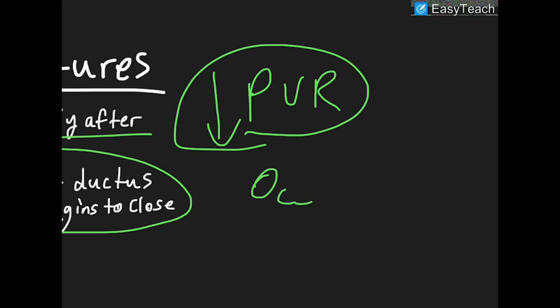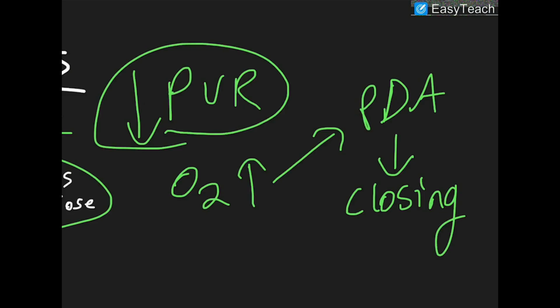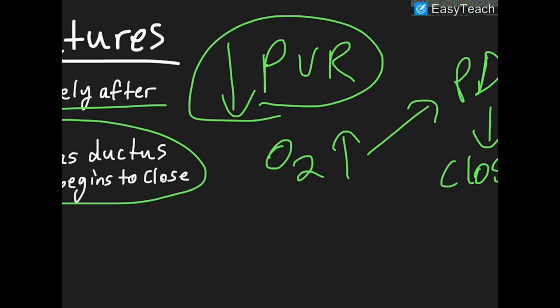So oxygen levels start to rise. And when oxygen levels start to rise, that triggers the patent ductus arteriosus to begin closing. It starts to close. So remember, in transposition of great arteries, the PDA was the only connection between the two independent circuits.